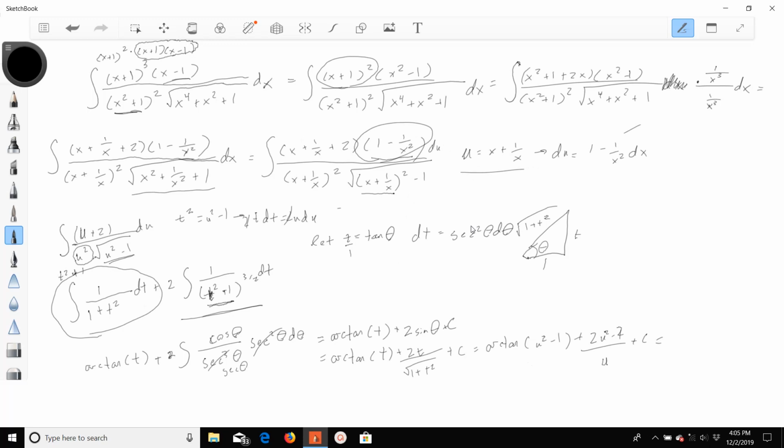Okay, so arctan of the square root of x plus 1 over x squared minus 1, plus 2 times the square root of x plus 1 over x squared minus 2 over x plus 1 over x, plus c.